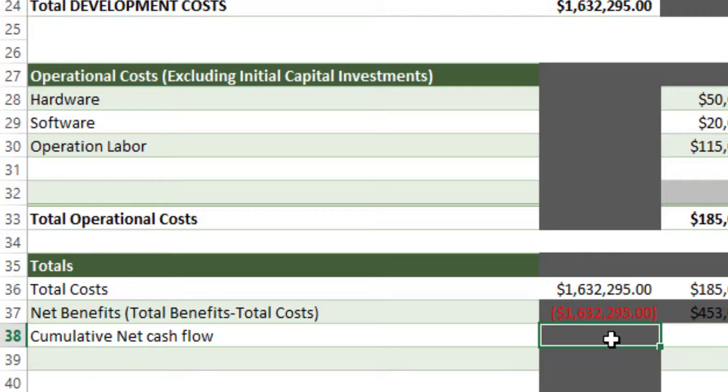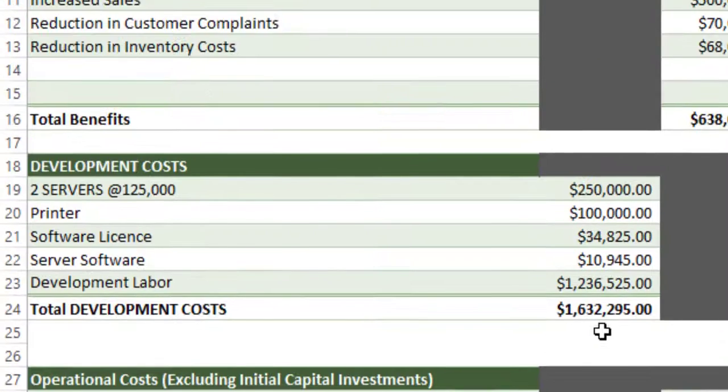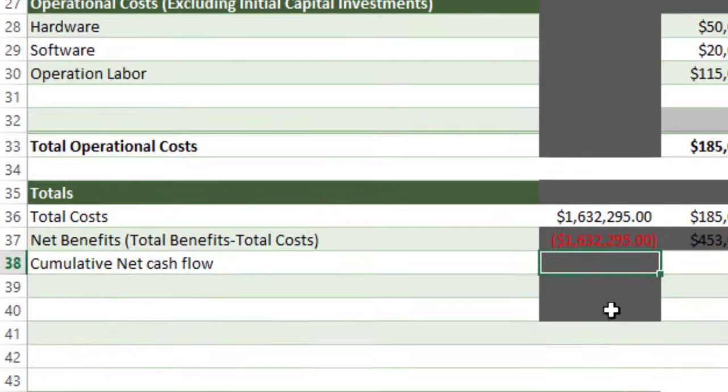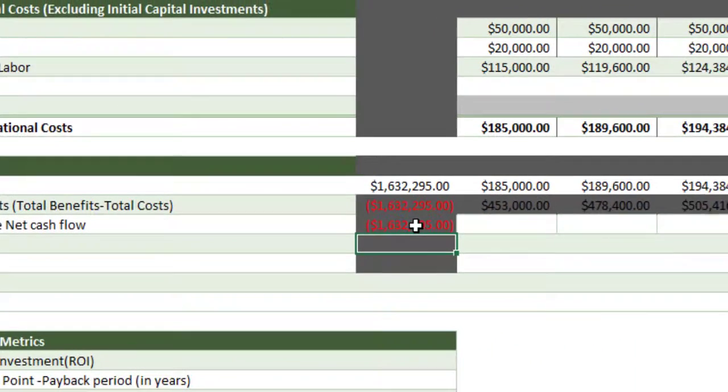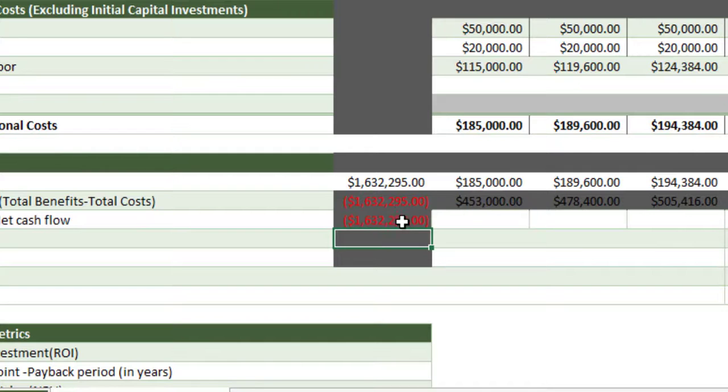After that, we now need to compute what we refer to as cumulative net cash flow. When you're looking at cumulative cash flow for 2012, it is going to be the same as this one, because that's the first outflow or the money out.